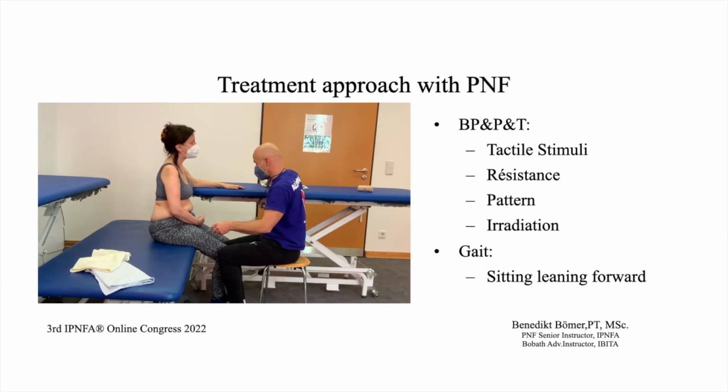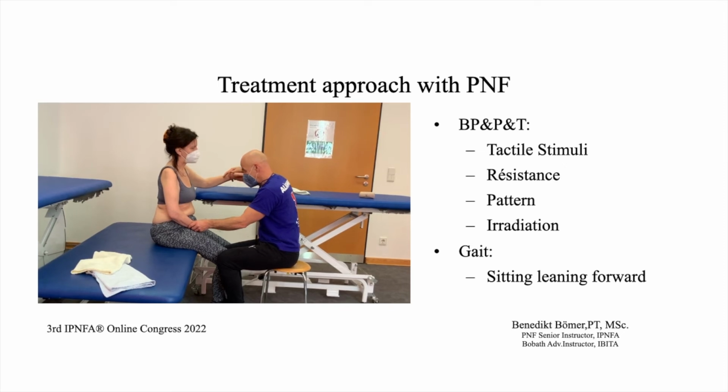Now I will work further in sitting with the idea to activate more directly her weak hip extensors, abductors and external rotators, and to give her more ability to feel and explore her right heel.